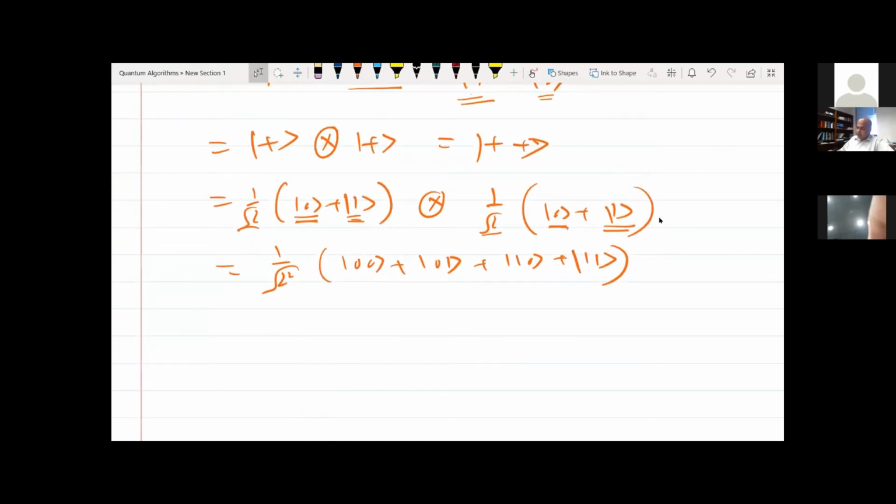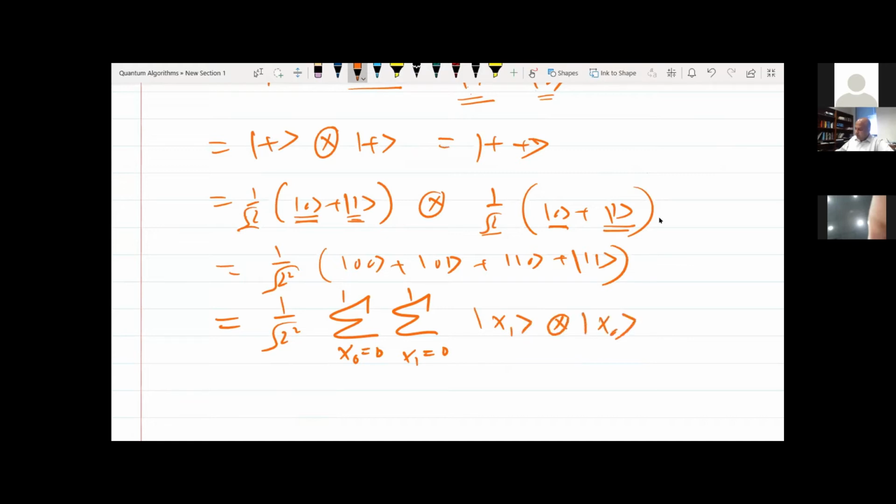Some people would actually write it like this as well. Let's say x naught going from 0 to 1, x1 going from 0 to 1, like x1 tensor x naught, or just 1 over 2 times the sum over x naught from 0 to 1, sum over x1 from 0 to 1, of x1 x naught.